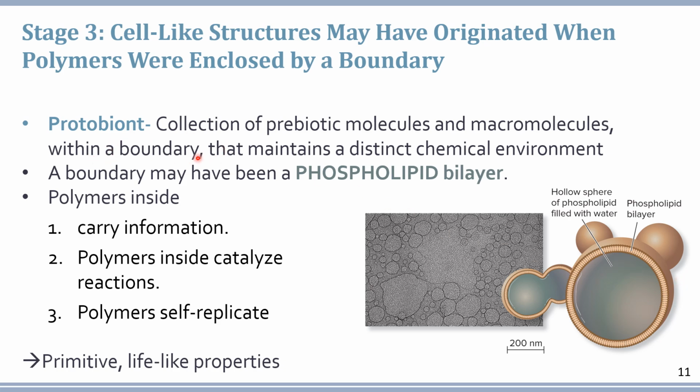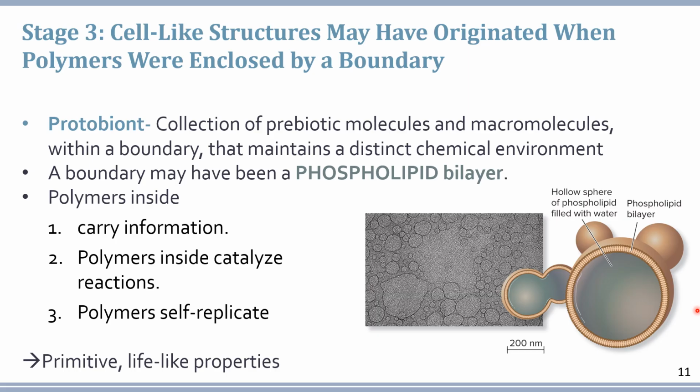They had to have a boundary that isolates those precursor organic molecules, our new polymers, from the rest of the environment. Now, because all of our cells have a phospholipid bilayer, even if some of them are slightly different from one another, it is assumed that the protobiont would have had to have a version of the phospholipid bilayer.